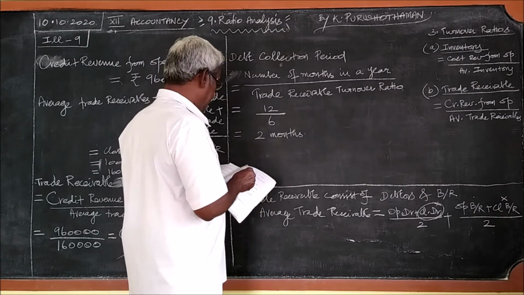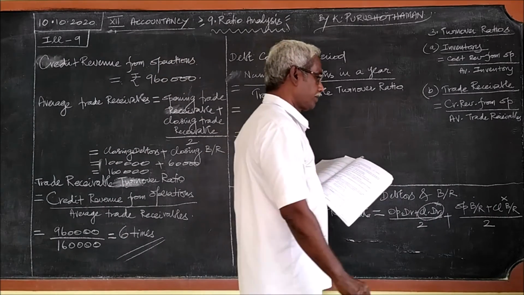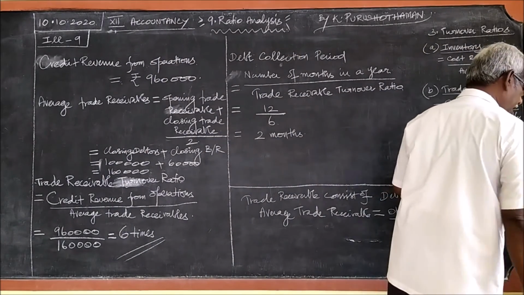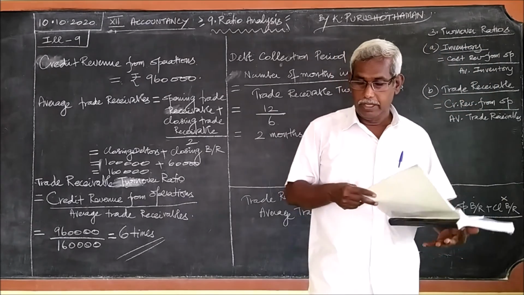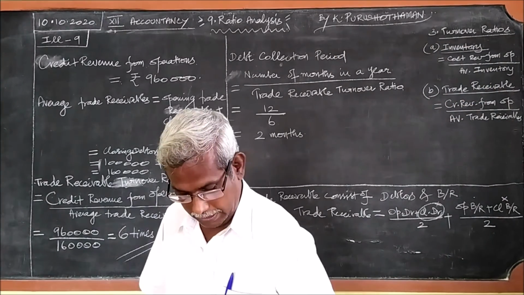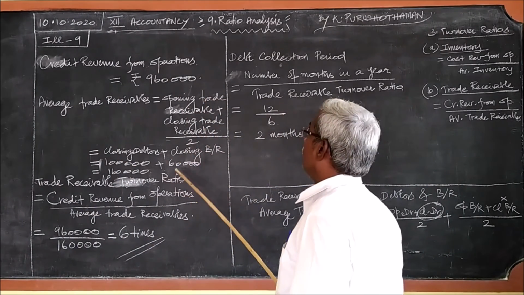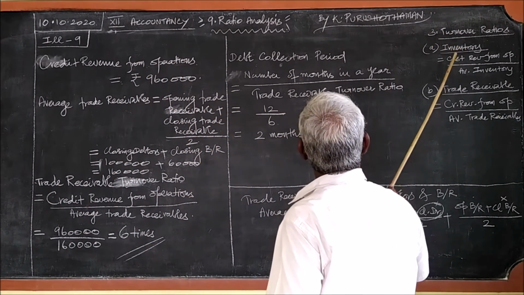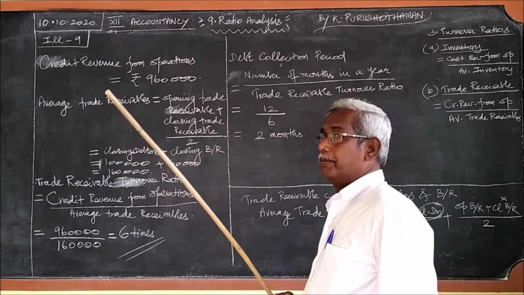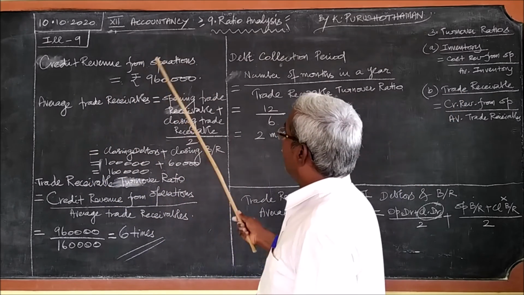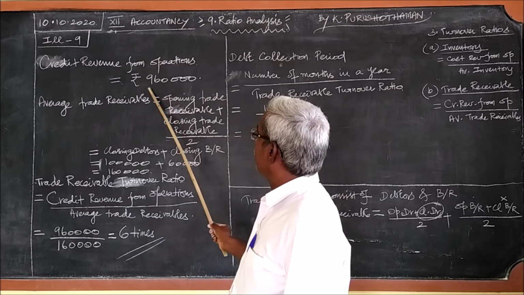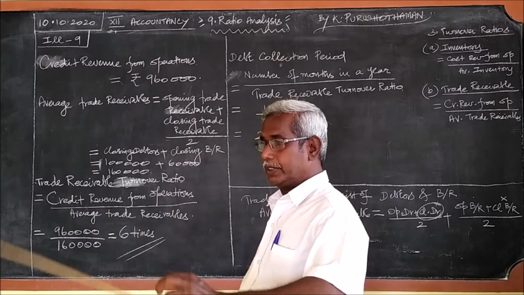So what is the speciality in this problem? When it is compared with the other one, inventory turnover ratio, it is easier because the credit revenue from operations is given straight away, no problem.